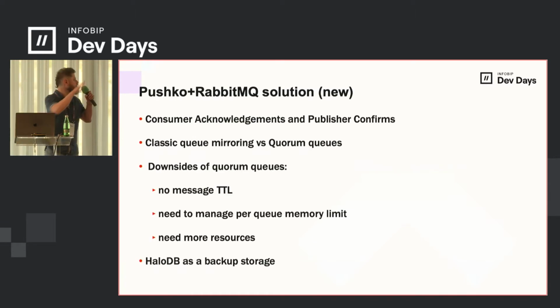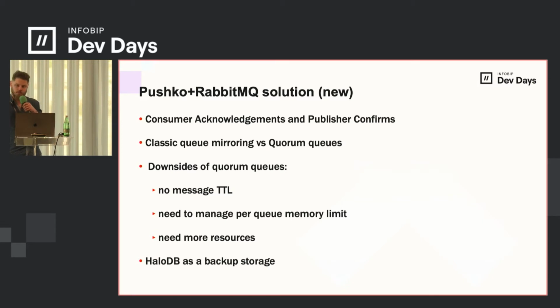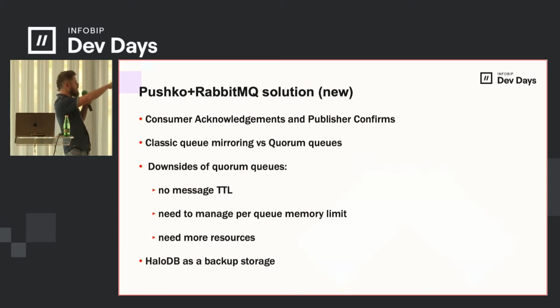Okay, so we have implemented this new solution using RabbitMQ. Pushko service becomes a publisher of data and a consumer of data. So we used consumer acknowledgements and publisher confirms to guarantee delivery. That's a must. We had to choose between classic queue mirroring and quorum queues, which are a newer algorithm for replication.